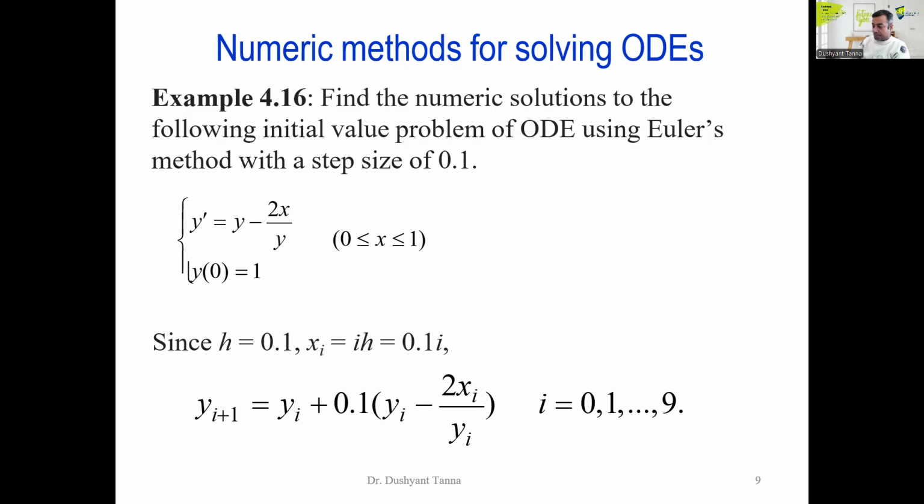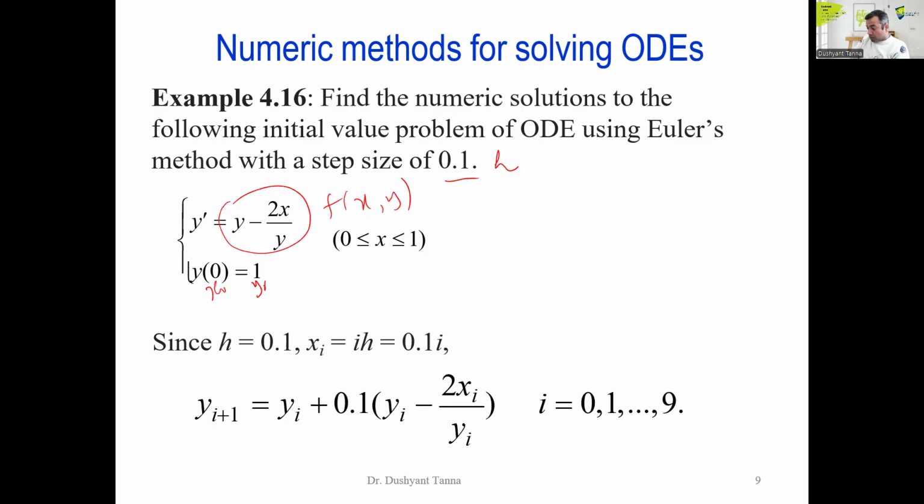Okay, so what do we know now? h is 0.1. This is our h. What else do we know? This is your f(x,y), isn't it? This is your x0, this is your y0.